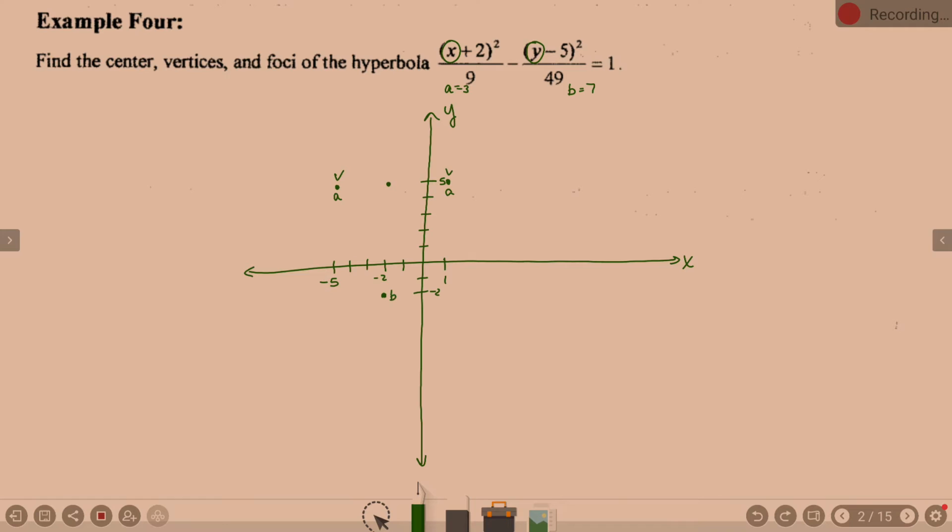Down 7 puts me at -2. This is where it gets a little dicey because I should have redrawn my graph. Up 7 takes me into the word hyperbola. And officially it should be at 12, correct? Those are my B values. And keep in mind, they don't have another name like vertices. They're just my B values.